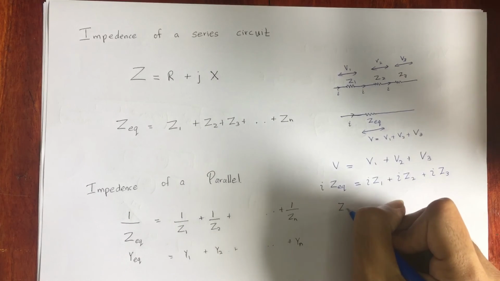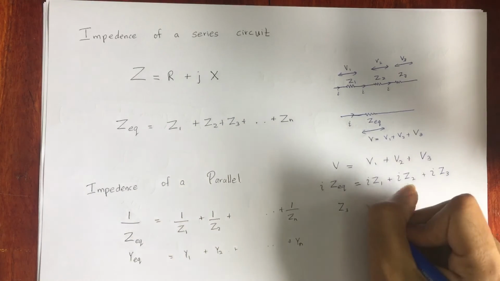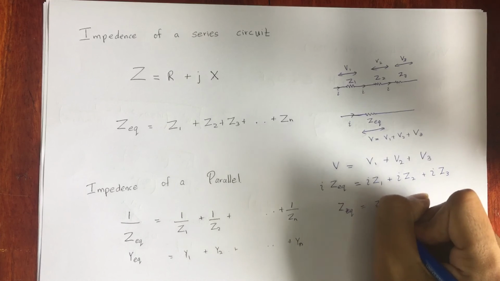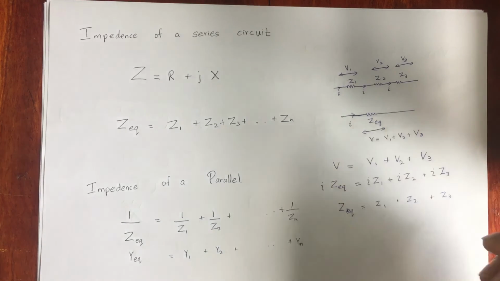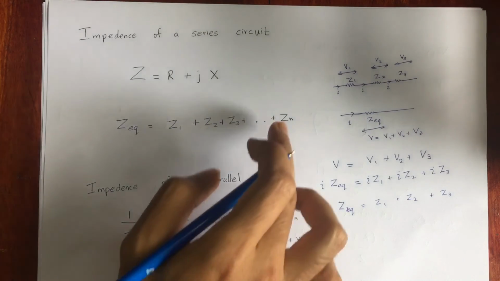If I cancel the I, as they are the same, I get Z equivalent equal to Z1 plus Z2 plus Z3. So this is the method to derive these two equations.